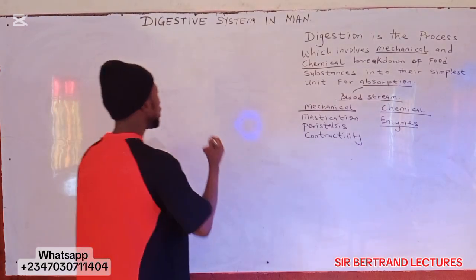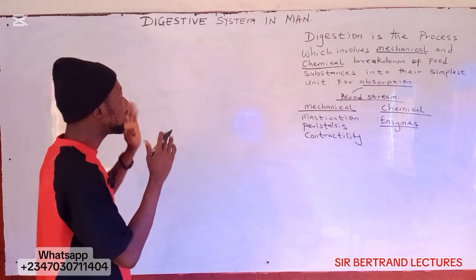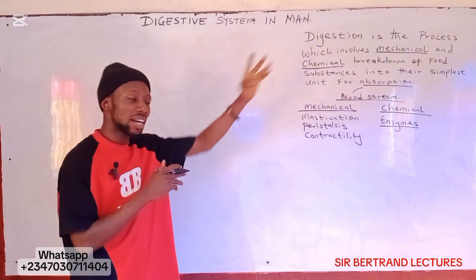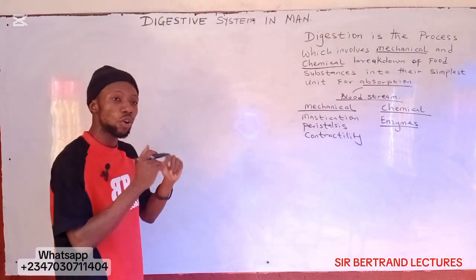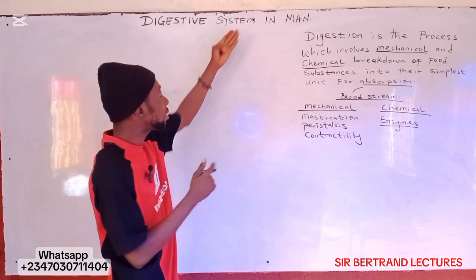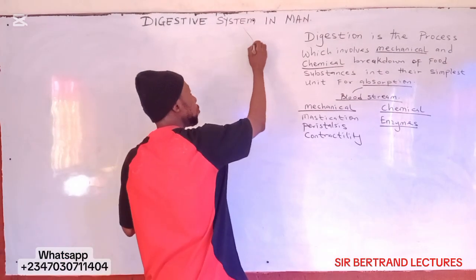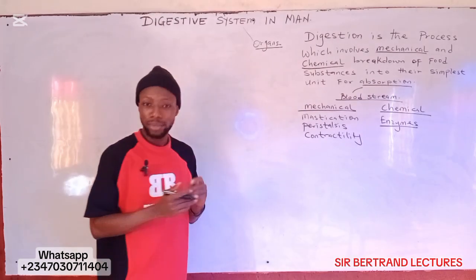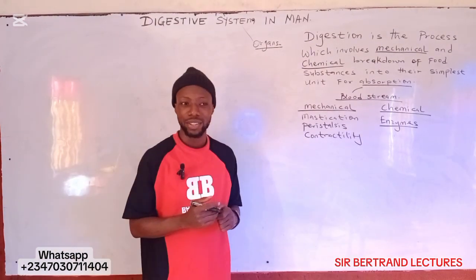Now, the digestive system, which is the topic on the whiteboard here, digestive system in man. We are going to look at different organs because systems are formed by a group of organs. Do you understand?